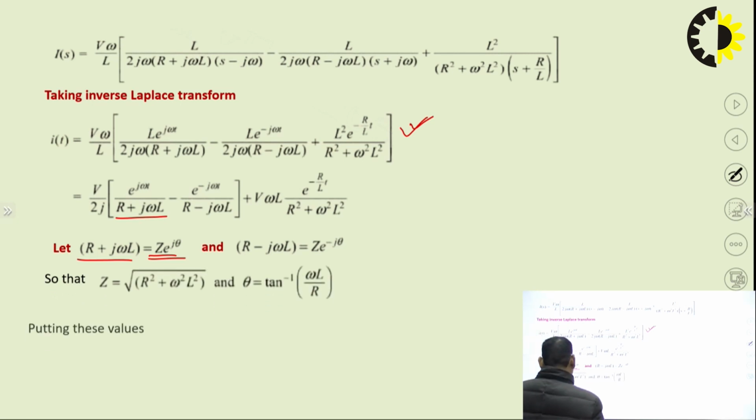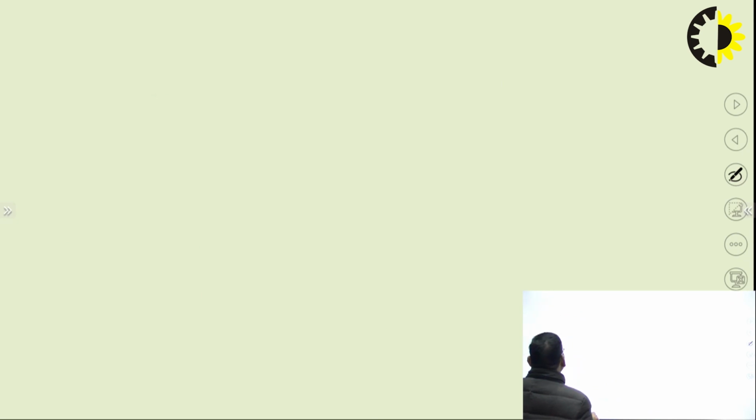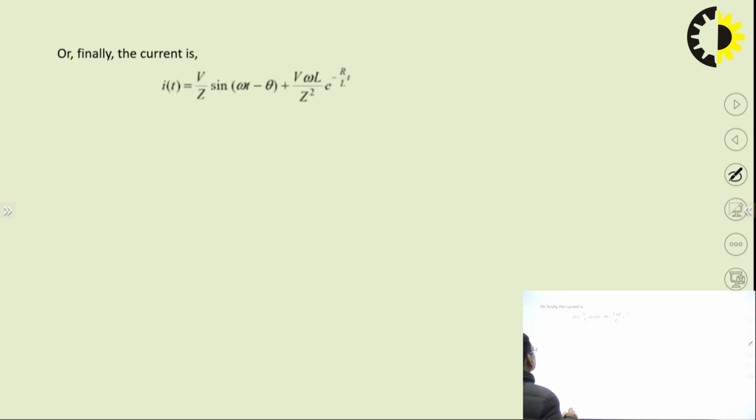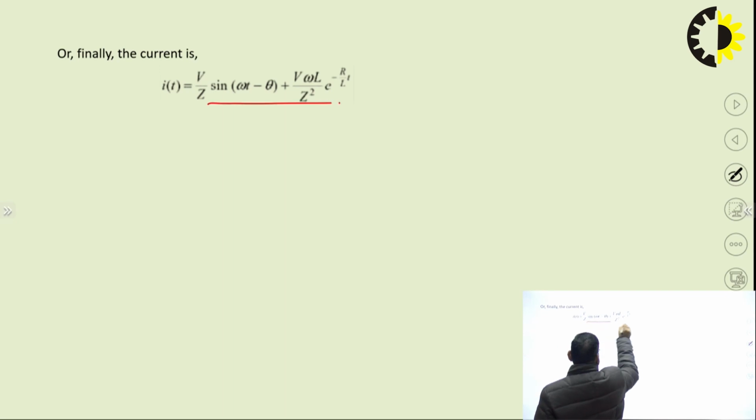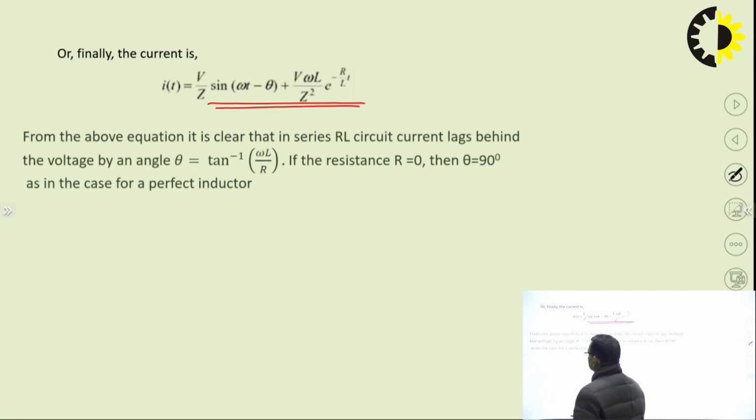Putting all this in, on simplification we get this. This is finally the value of the current, V by Z sin of omega t minus theta, plus V omega L by Z square, this one. So this is the final expression for current in the RL circuit when the circuit is excited by a sinusoidal input.